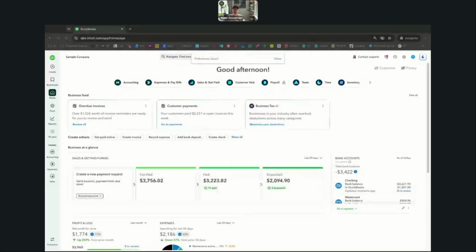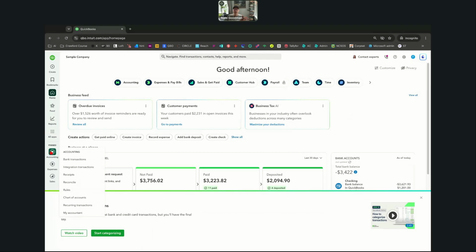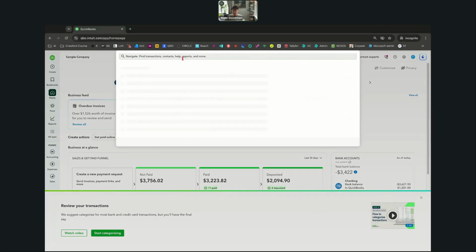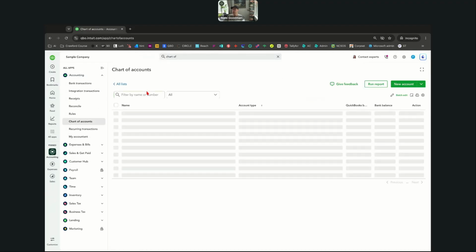So you might have a different accounting software, but in most situations, if it's Xero or Wave or Zoho Books or one of those, almost all of them, they'll have an accounting section and they will have the chart of accounts, or they'll have a navigation menu, and you could just type chart of accounts, and it should jump you to that chart of accounts.